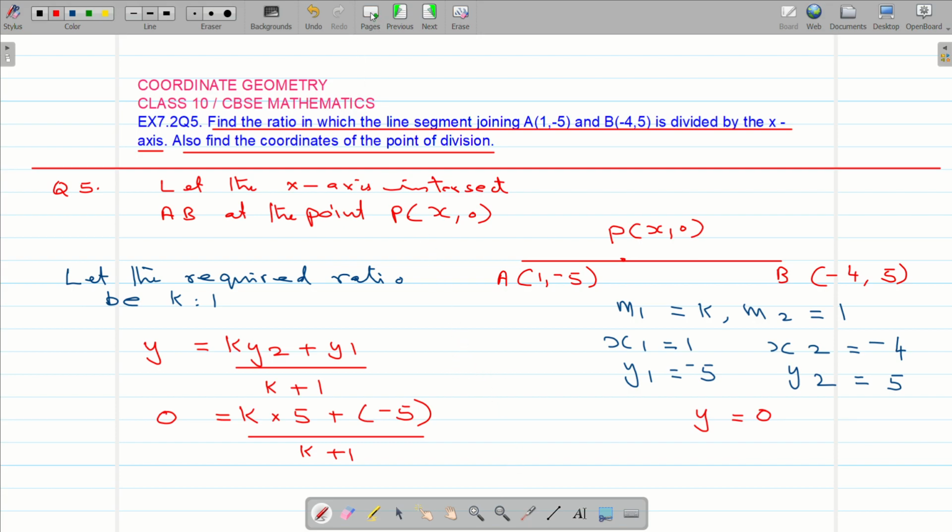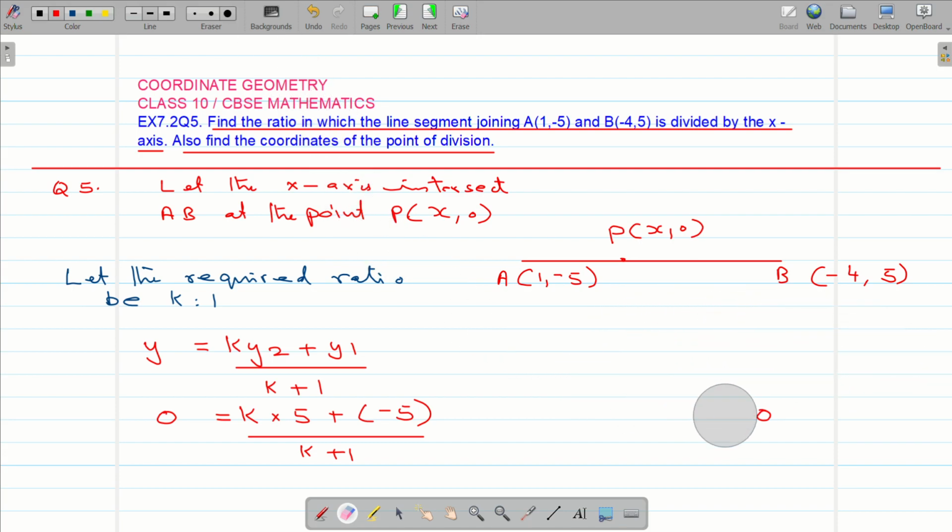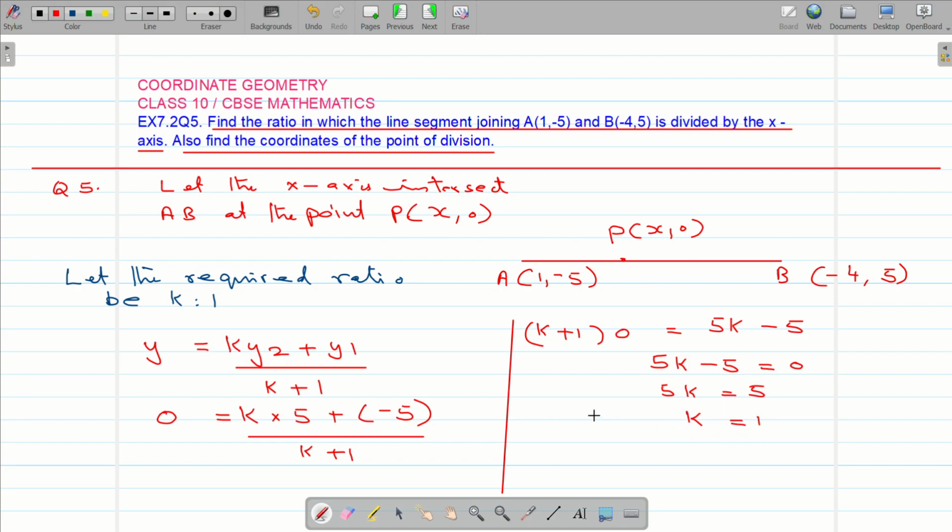Now if we cross multiply, what are we going to get? K plus 1 into 0 is equal to 5k minus 5. The left hand side is 0, therefore 5k minus 5 is equal to 0. 5k is equal to 5, k is equal to 1.